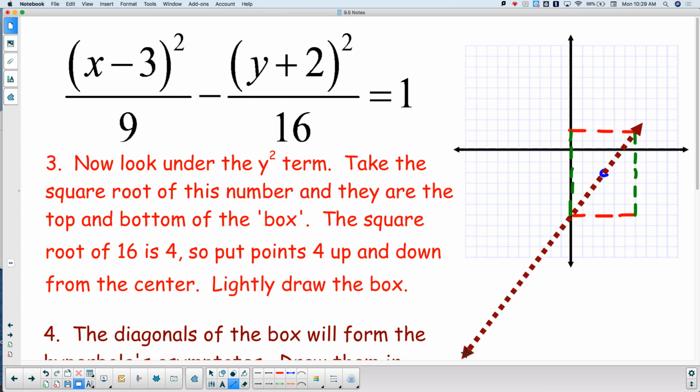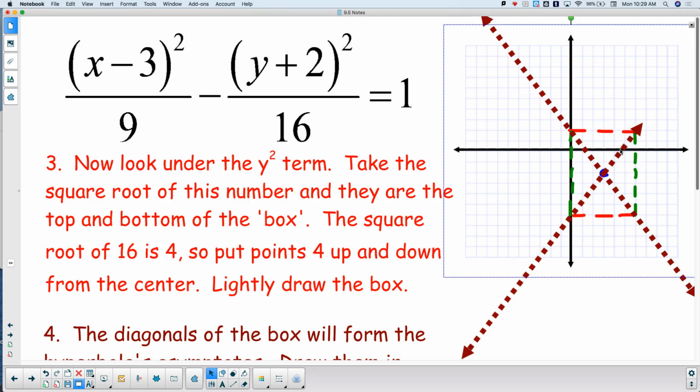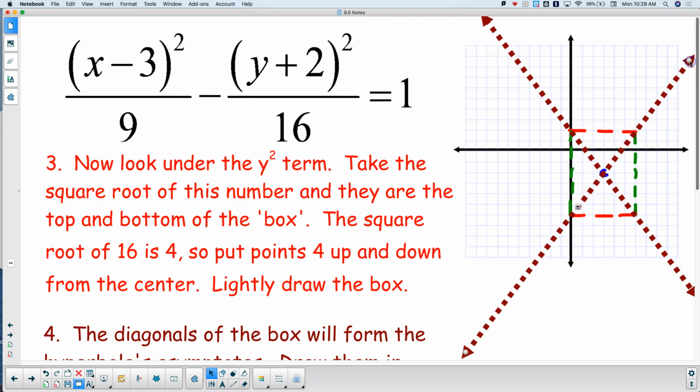Definitely go as far as you can with those dashed lines. Remember, asymptotes are dashed lines. Definitely want to go as far as you can.